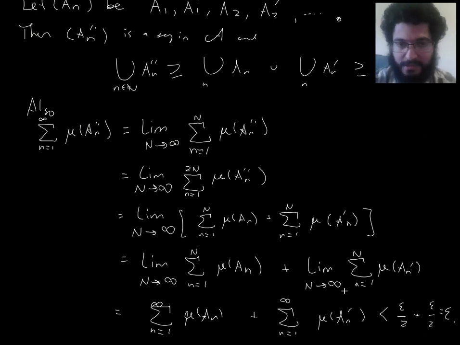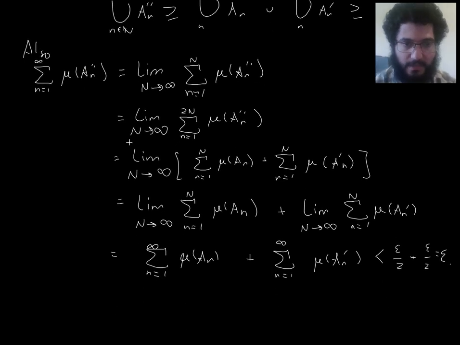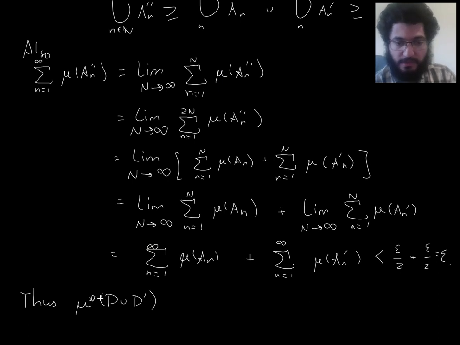Okay, maybe I shouldn't put the box yet. Maybe I should just say a little bit more here. So here, thus mu star of D union D prime is the infimum of a certain set of real numbers, and here we see that this is one of those real numbers, and it is less than epsilon, right?